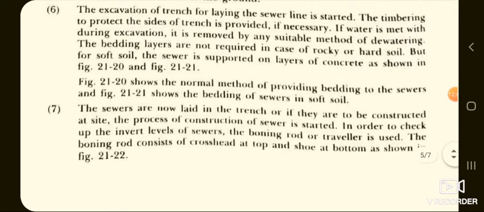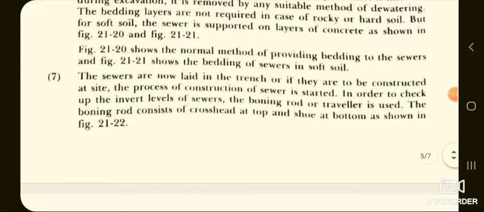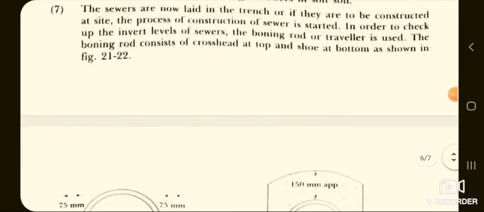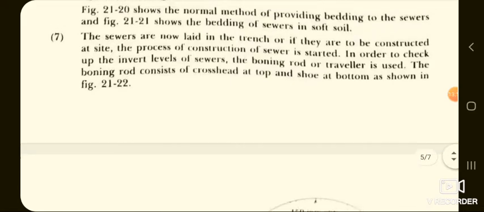The bedding layers are not required in case of rocky or hard soil, but for soft soils, the sewer is supported on layers of concrete as shown in figure 21-20 and figure 21-21. Figure 21-20 shows the normal method of providing bedding to the sewers, and figure 21-21 shows the bedding of sewers in soft soils.